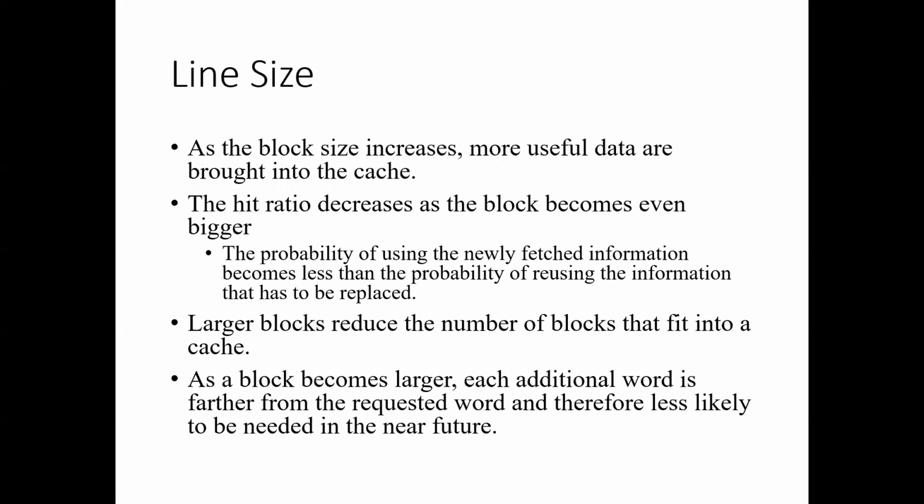As the block size increases, more useful data are brought into the cache. But as it gets bigger, the probability of using newly fetched information becomes less than the probability of reusing the information that has to be replaced. Larger blocks reduce the number of blocks that fit into cache, and each additional word is further from the requested word, and therefore less likely to be needed in the near future, due to that principle of locality.